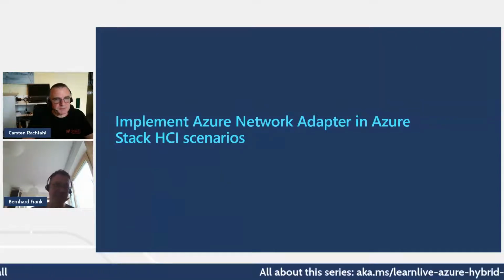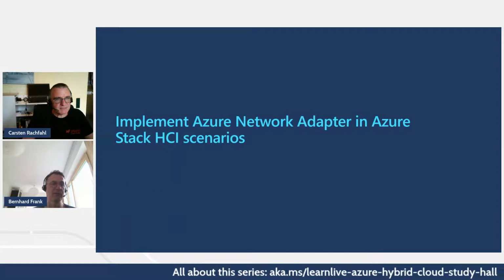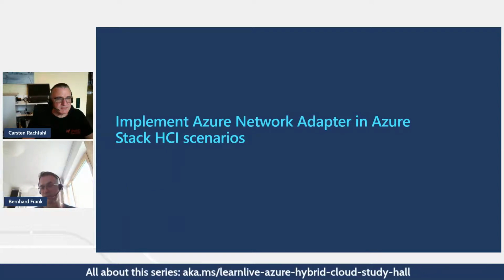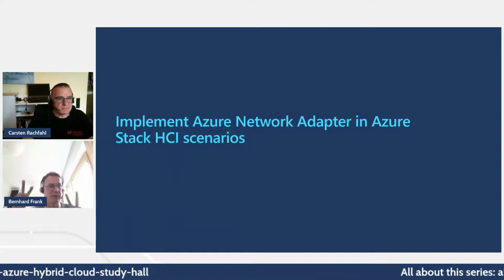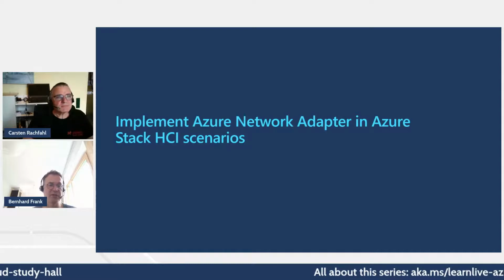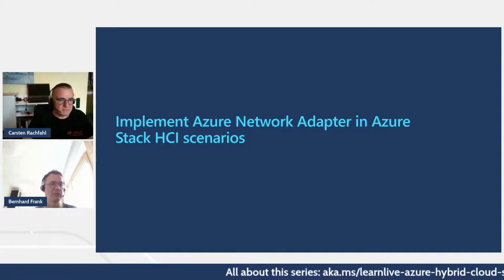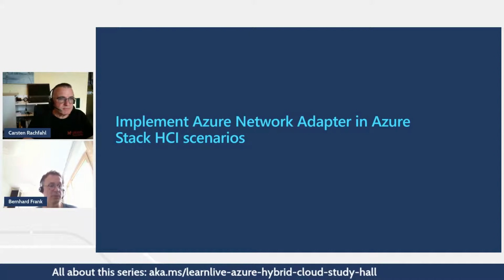Go to a different vendor or the firewall company that you like, and they probably have an Azure appliance representation that you could install and configure like you would do it on-prem. So there are multiple options.